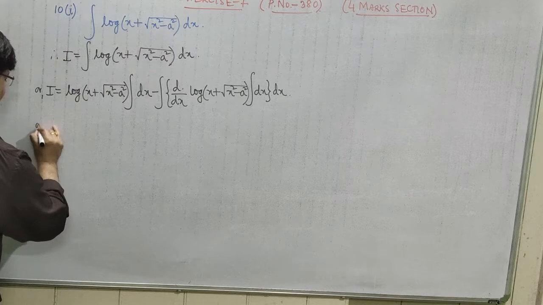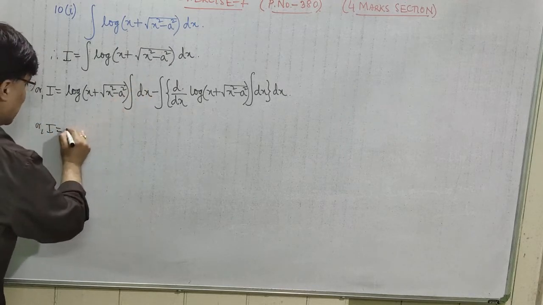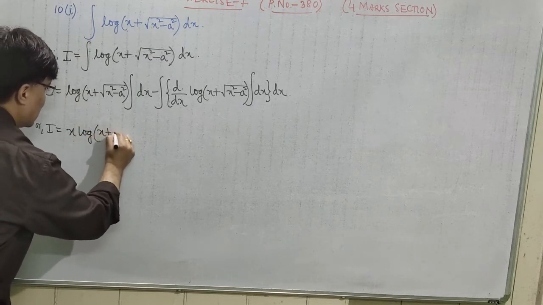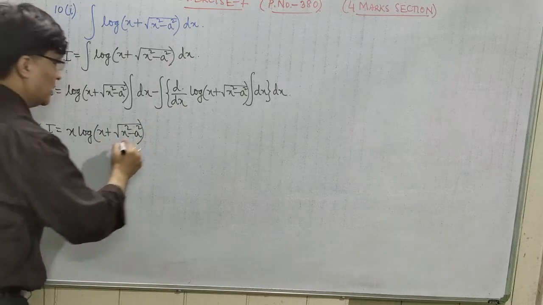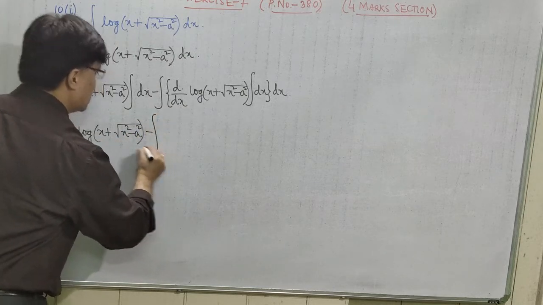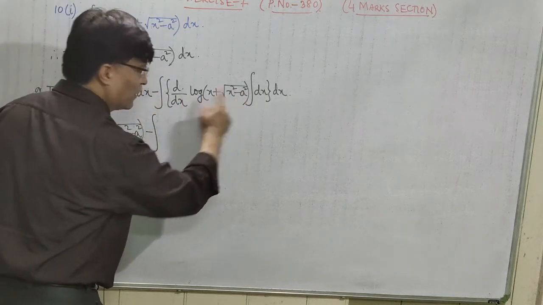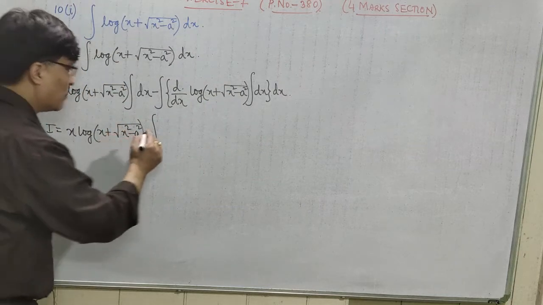Okay. So I is equal to, now you first integrate. What is integral sign dx? That is your x log of within bracket x plus root over x square minus a square minus integration of. Now what is dy dx of log of this function? This is just like your log x. What is the differentiation of log x? 1 upon x.